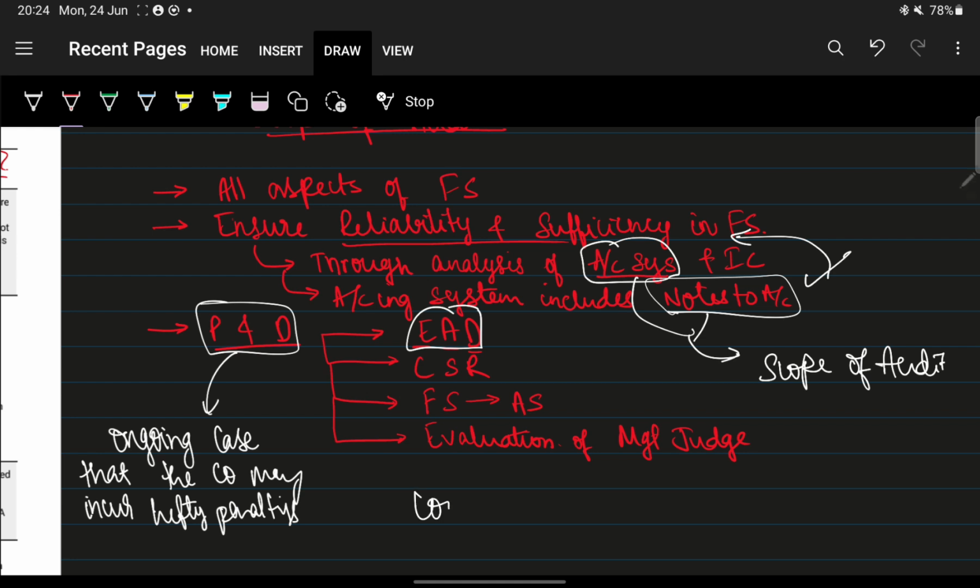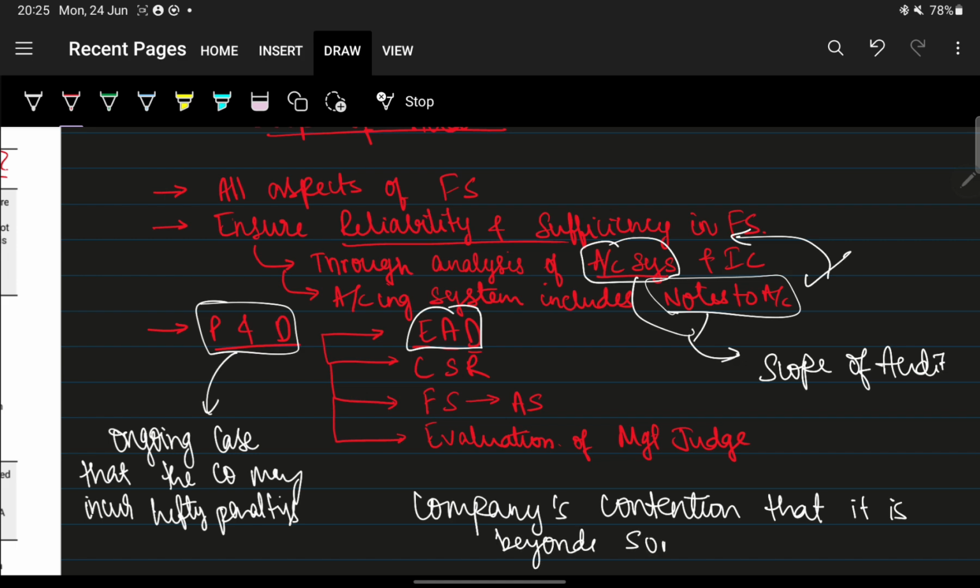So here the company is wrong, saying that it is outside the scope, beyond the scope of audit. So it is obviously wrong.